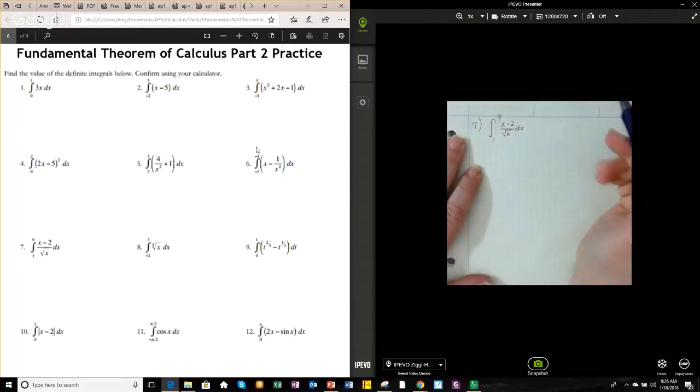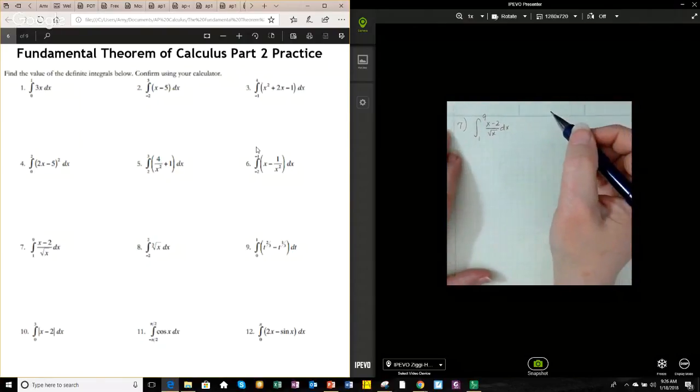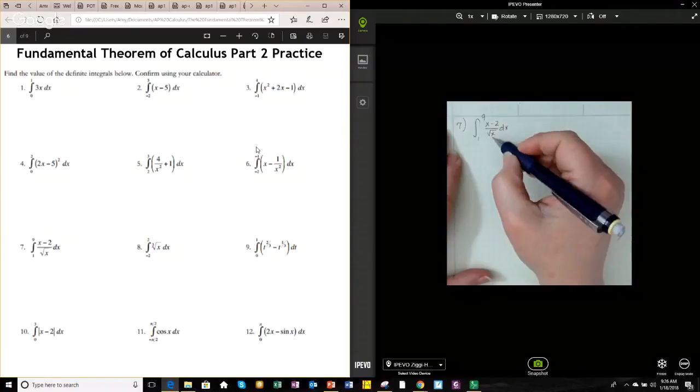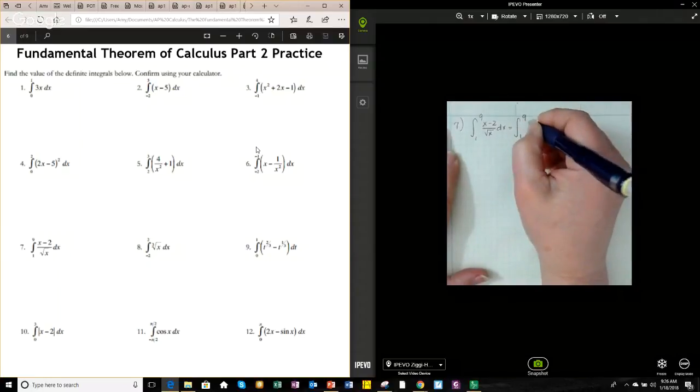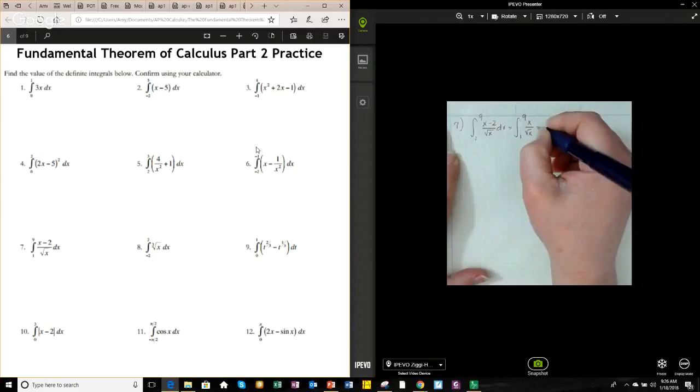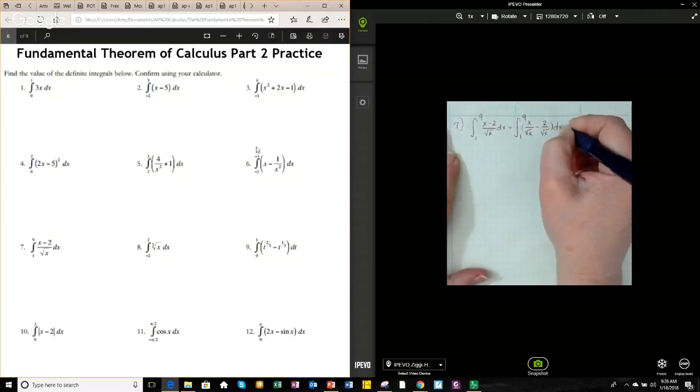Now that might not look like something that we can find the antiderivative of, but we can actually bust this integral up a little bit. And we can say, all right, well, this equals the integral from 1 to 9 of x over the square root of x minus 2 over the square root of x dx.